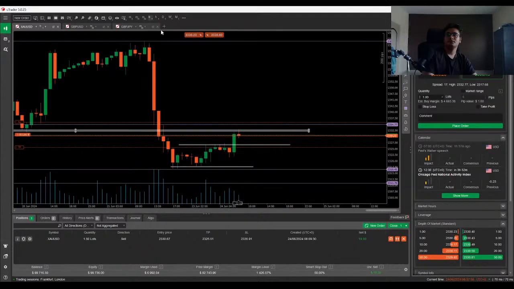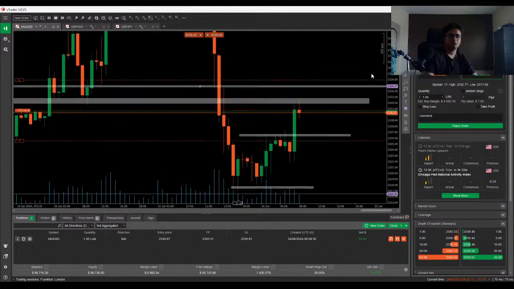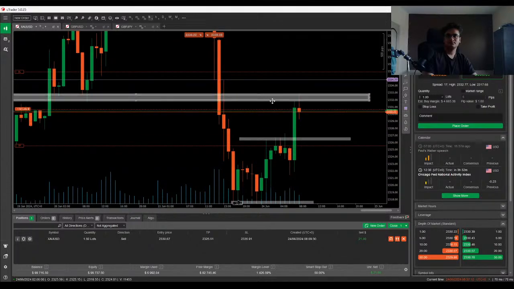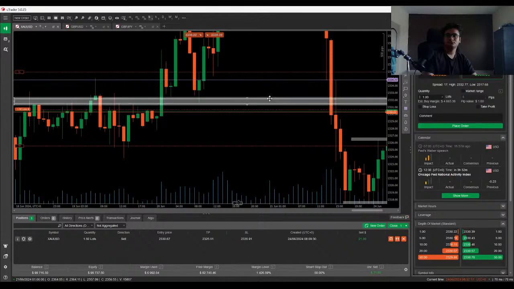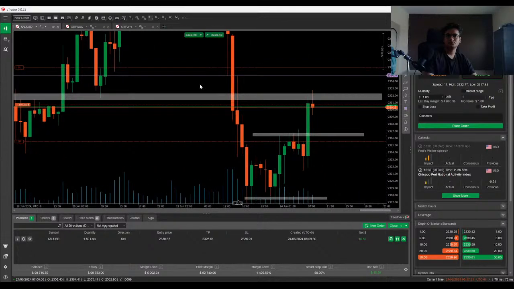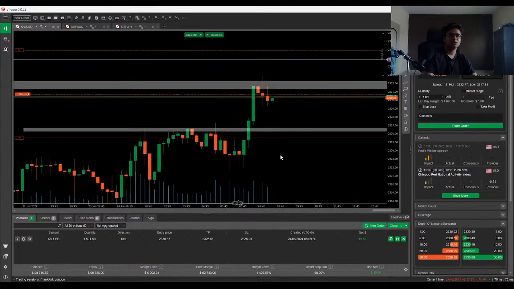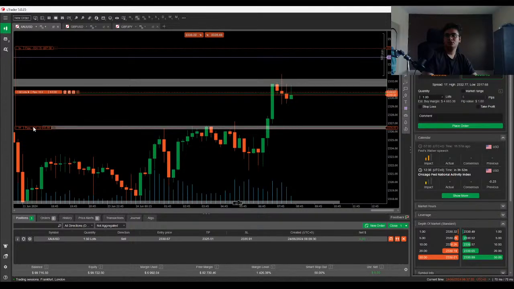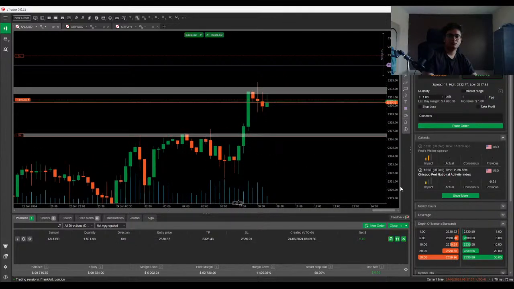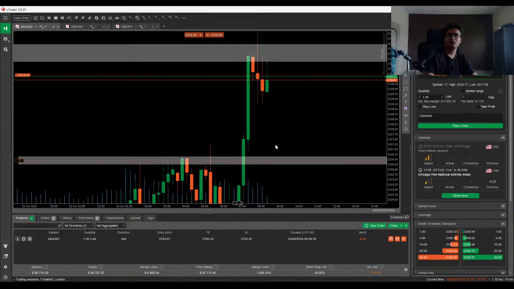So let's see. In 23, 24 minutes, if this candle at least comes down till here, we could close some profit here. And if it at least comes down till here, that's our TP point.